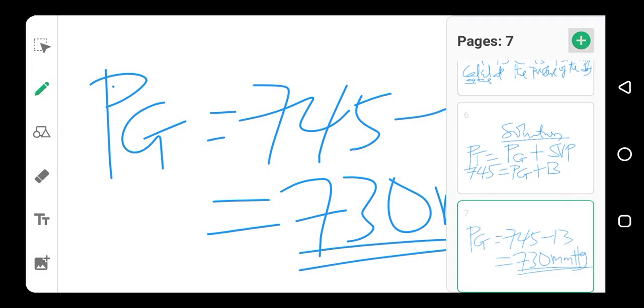Also, another way to calculate the partial pressure is using the mole fractions. If we know the total pressure of a gas and the mole ratio of the gases, we can also get the partial pressure of each of the gases.